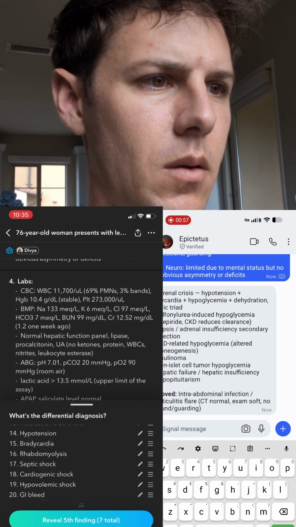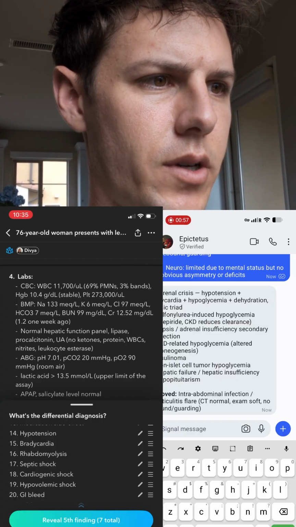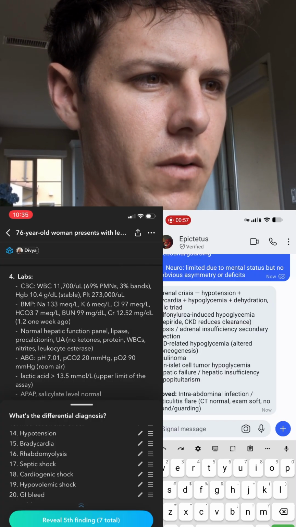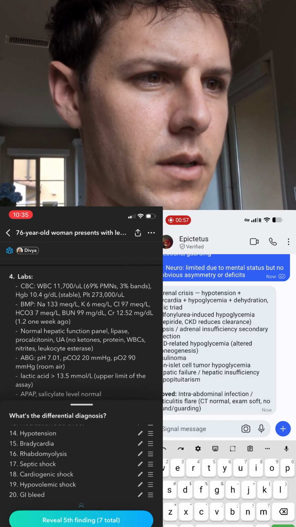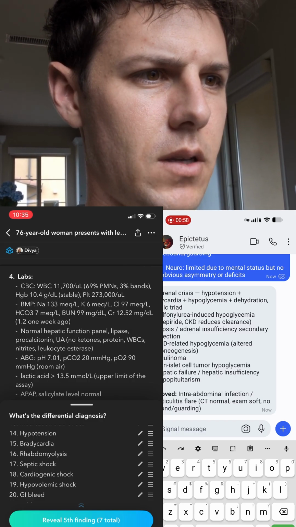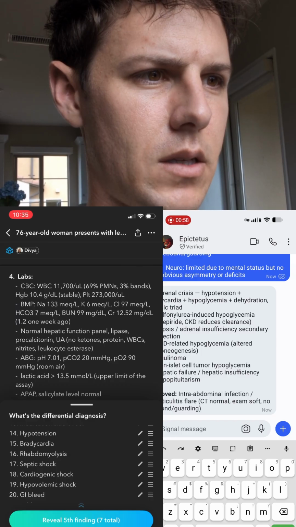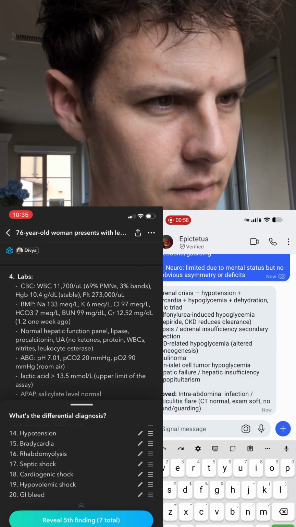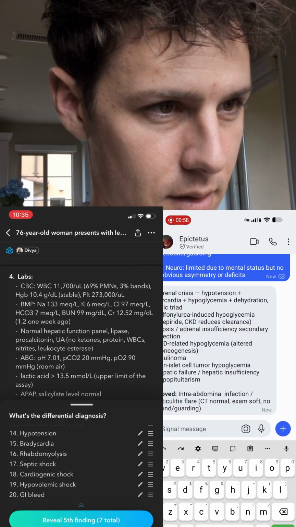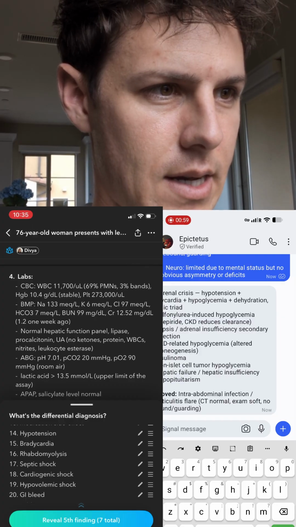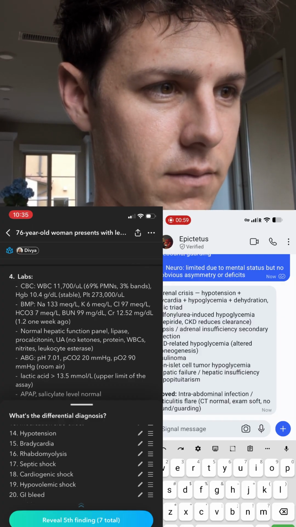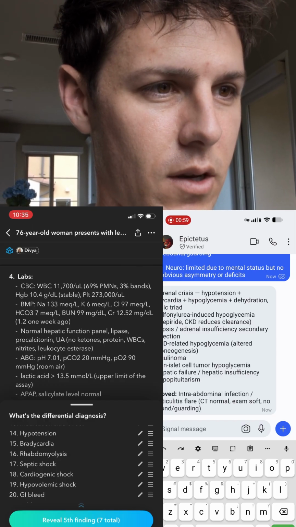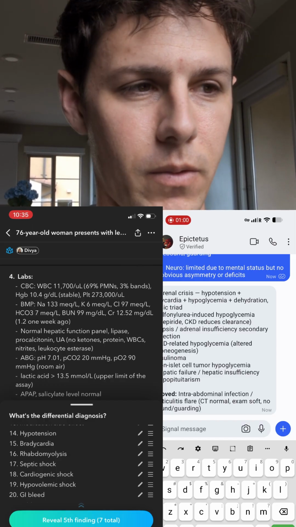Labs: WBC 11,700, 69% PMNs, 3% bands, hemoglobin 10.4 and stable, platelets 273,000. BMP shows sodium of 133, potassium of 6, which is elevated, chloride of 97, bicarb of 7, BUN of 99, creatinine of 12.52 from 1.2 one week ago. Okay, so she's in acute renal failure.